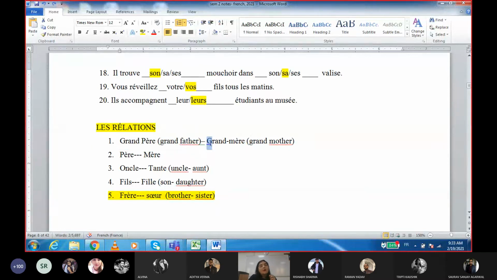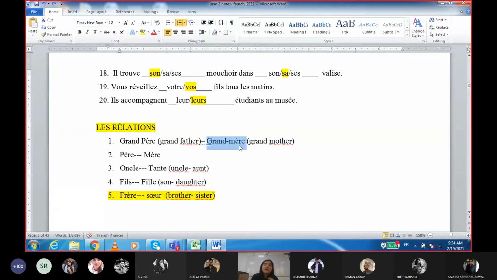Just the opposite, of course, it's grand-mère. So we have the same spelling, same pronunciation, grand and grand. The father and mother is changing. So père and mother is mère. Grand-père, grand-mère.